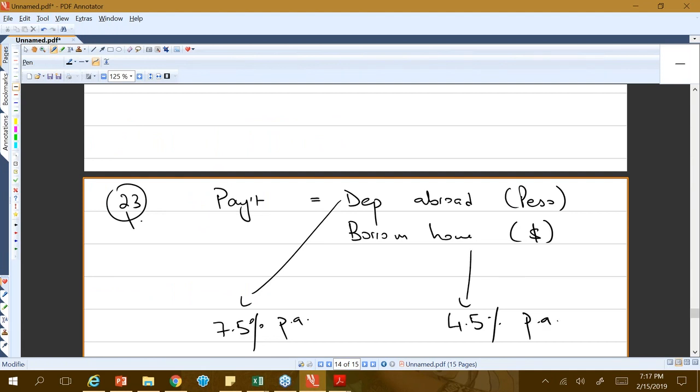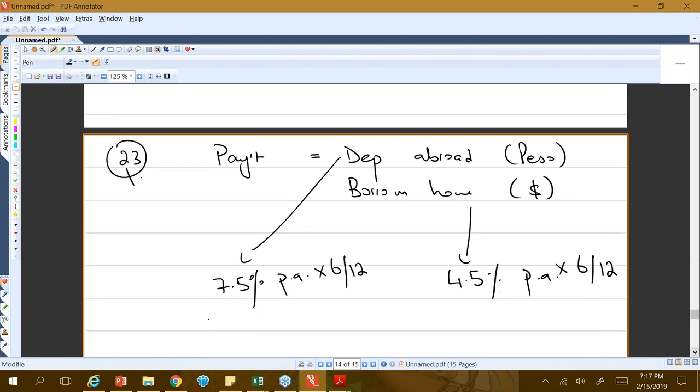Now remember, they are asking us for the 6-month rates here. So what would you do to get the 6-month rates? You will simply multiply this with 6 by 12. In the first scenario, 7.5 times 6 by 12, I'll get 3.75%. And if I do this one, 6 by 12, I'll get 2.25%.